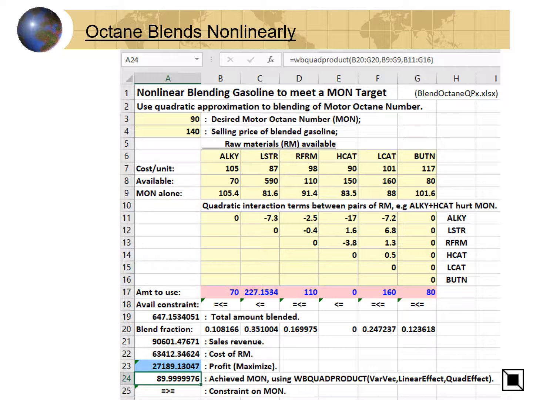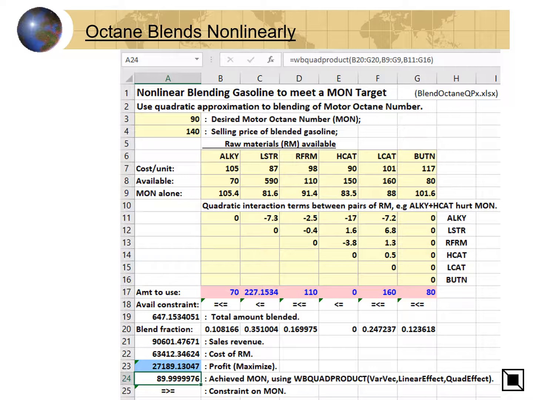What we'd like to do is figure out how to do a blend so that we achieve a certain motor octane level of 90. That's listed up at the top left in row 3. Again, the shaded area is the input data. We'd like to achieve an octane rating of 90, and we can sell the product for 140 per unit.